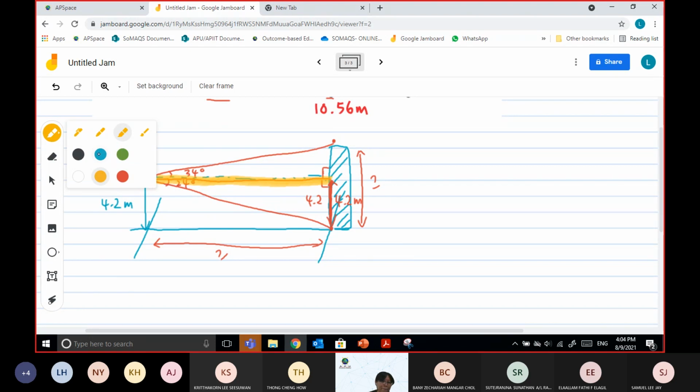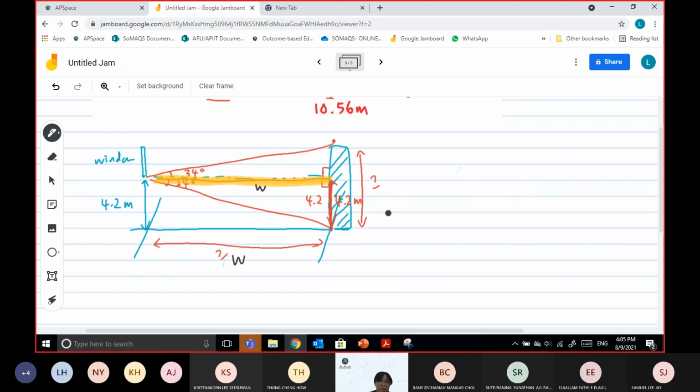Now, we can use sine, tangent, or cosine to find the width of the road. Let me label this as W, the width of the road.